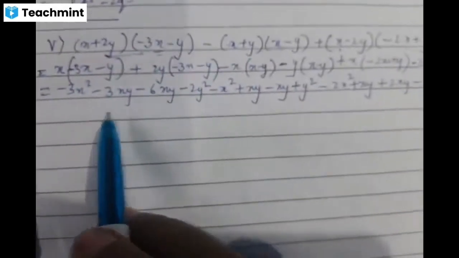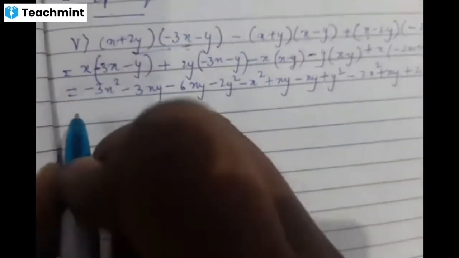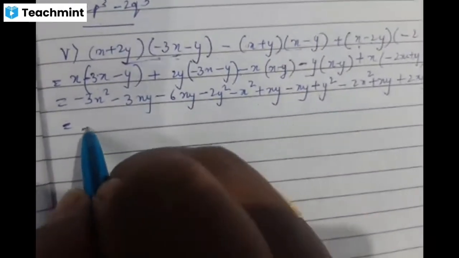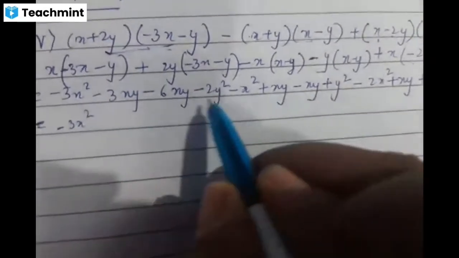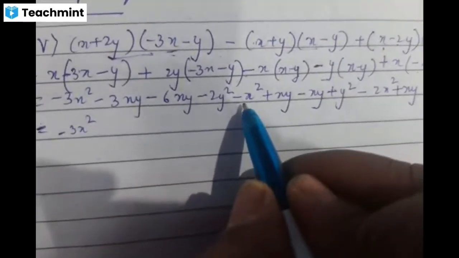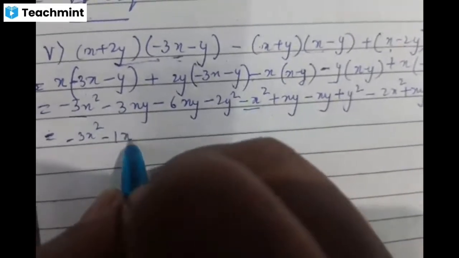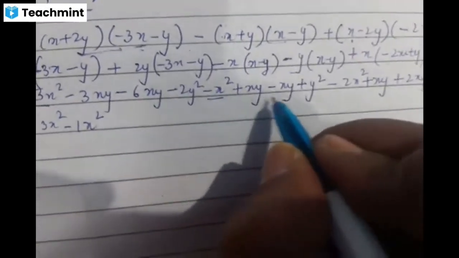You have many like terms here, children. So what I do is, in this step I am going to group them. Minus 3x square, x square term anywhere you have to find out. Minus 1x square and then you have minus 2x square. So I have grouped the like terms.